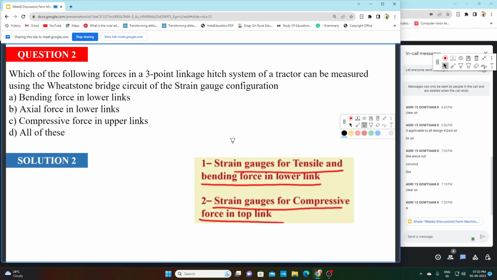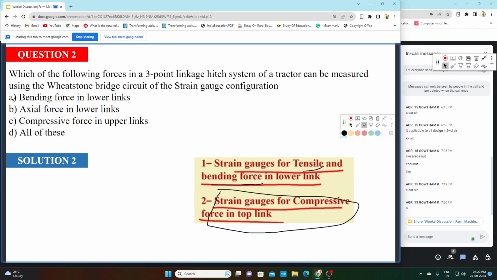I have already told you, strain gauges are mounted in the lower links and also in the top link. Why do we mount a strain gauge in the top link? To calculate the compressive force in the top link. And why do we use two strain gauges in the lower link? To calculate tensile force as well as bending force.